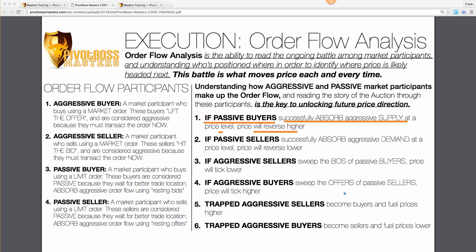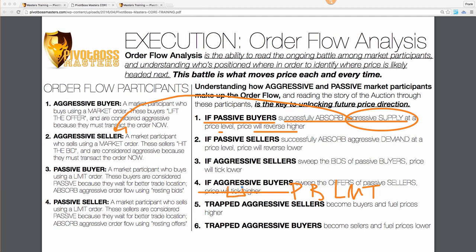Okay? So that means you have limit orders right here from passive buyers. PB, passive buyers, limit orders right there. Right? And you have aggressive supply. Aggressive supply is aggressive sellers using market orders. Right? They're hitting the bid.